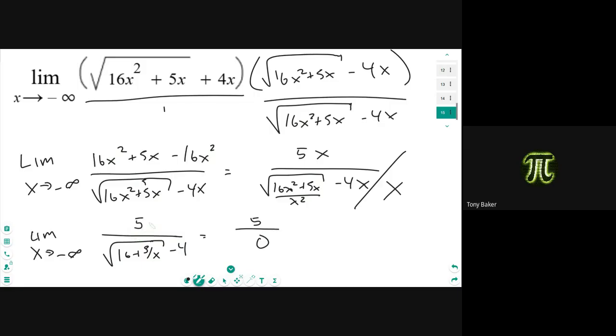Because the 5x divided by x, and then inside it's x squared. So that's how it gets to 16.